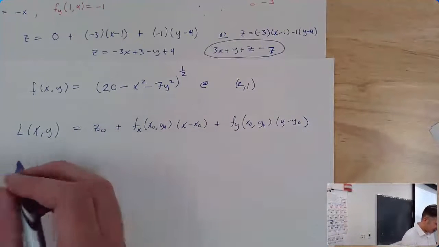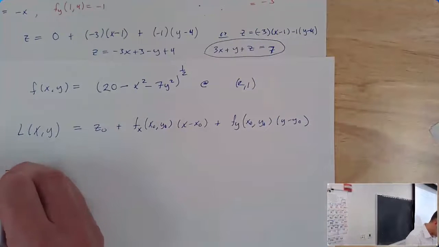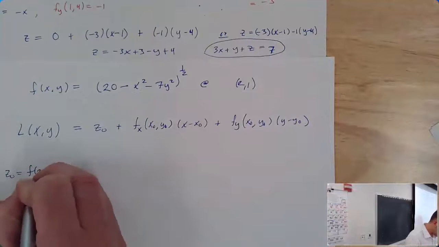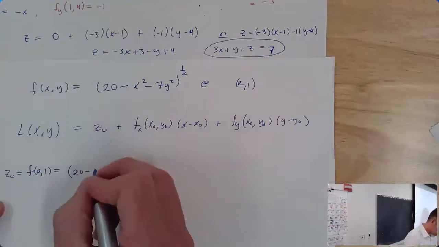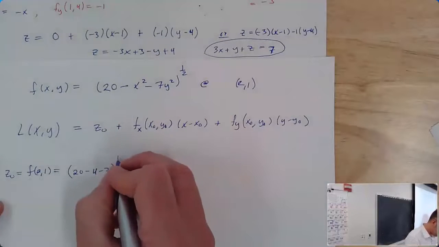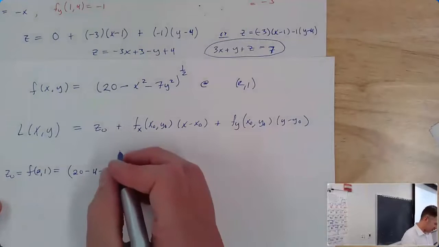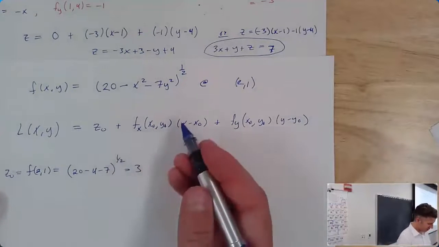Let's actually flip it up this time and do the plugging in before we find the partials. So our z naught here, they didn't give it to us. So we actually have to find Z naught. So Z naught is going to be f of 2 comma 1, which is going to be 20 minus 2 squared minus 7 times 1 to the 1/2 power. That's 20 minus 11, which is 9 to the 1/2, which is 3. So this formula is going to look like the following.